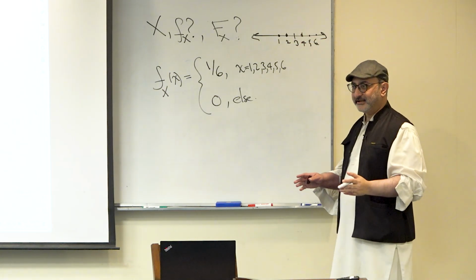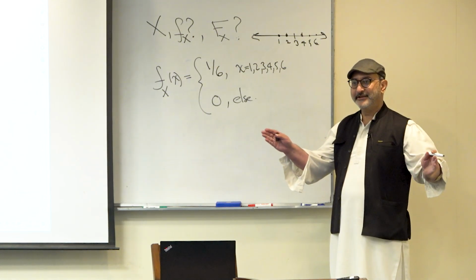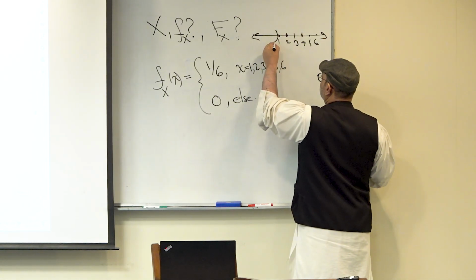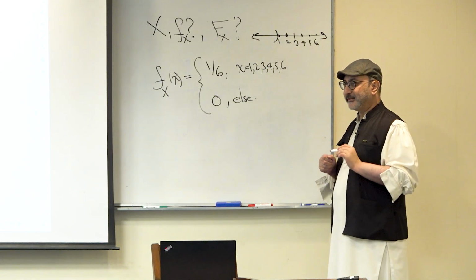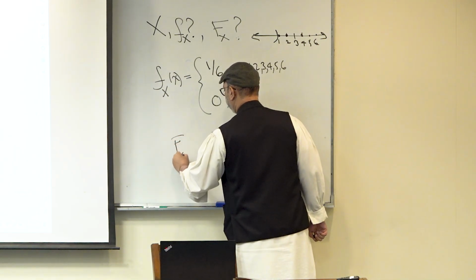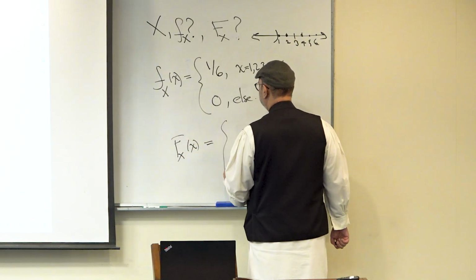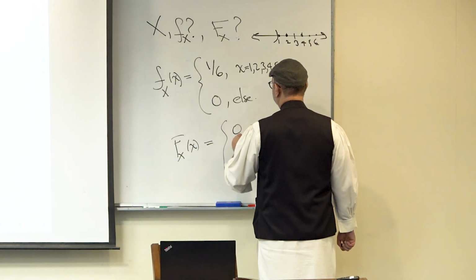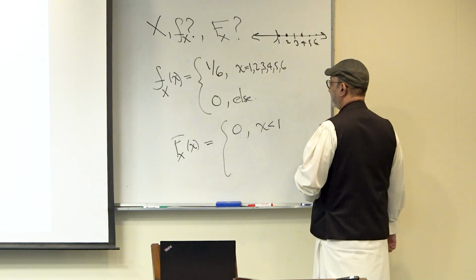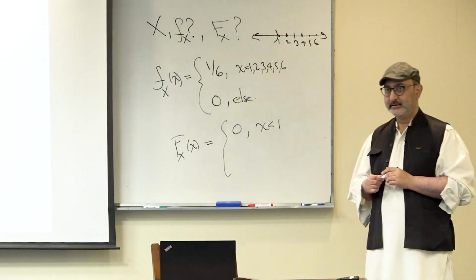So the suggestion is that we can work out, for every input x less than 1, let's do that first. So the CMF evaluated at x will be 0 if x is less than 1.